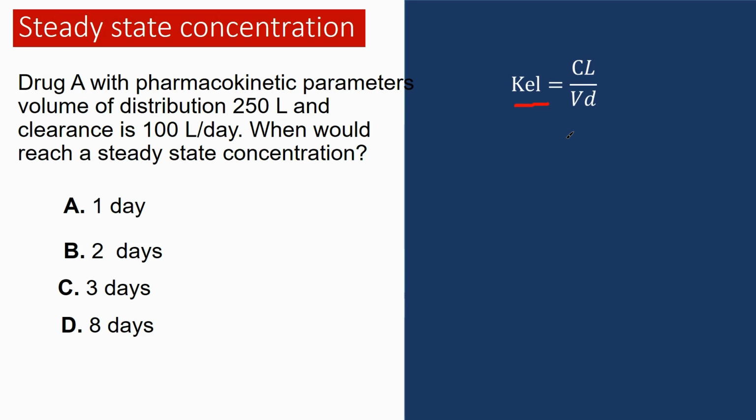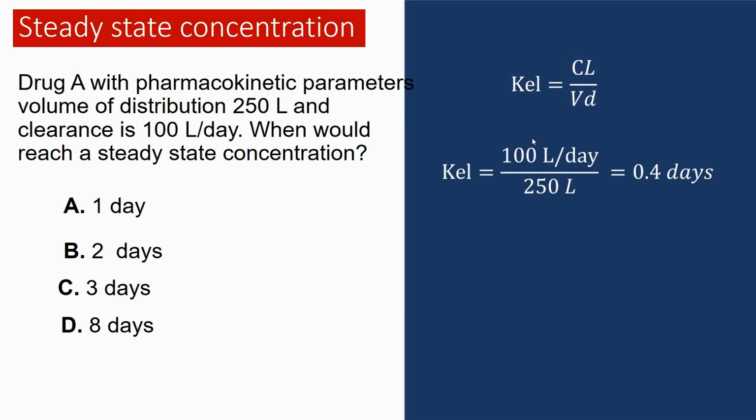Once you know the half-life, then you can calculate how long it takes. Generally, to reach the steady state concentration, it takes 4 to 5 half-lives. That way you can calculate. So now calculate this. I'll pause the video and then find your best answer.